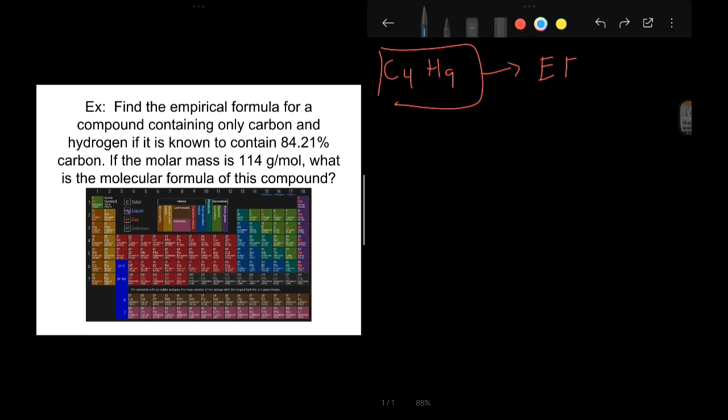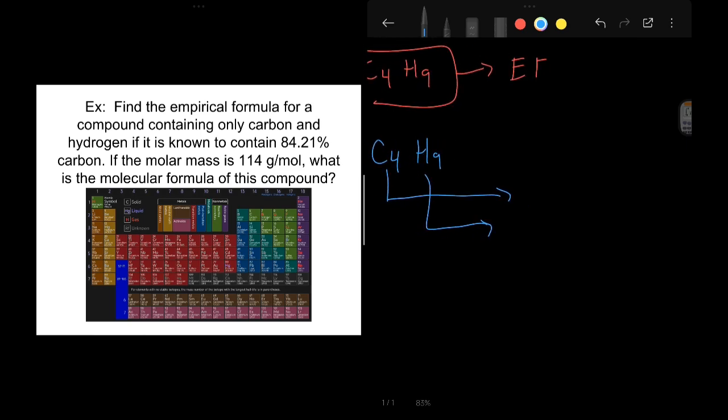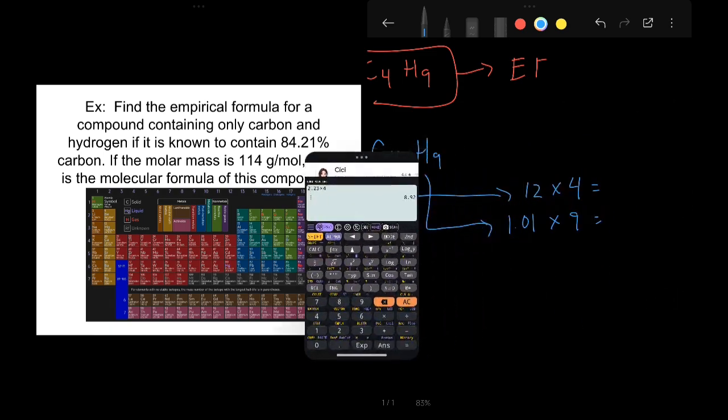So the mass of carbon is 12, we multiply by its subscript of 4. And then for hydrogen, we got 1.01, and then we multiply it by 9.